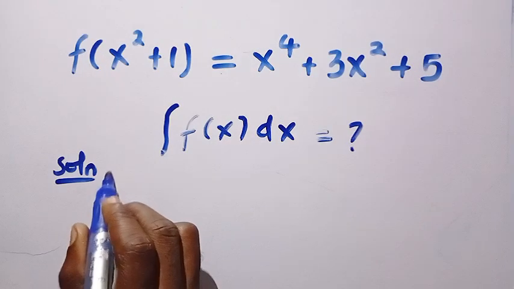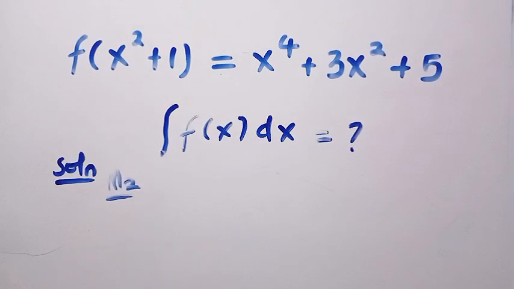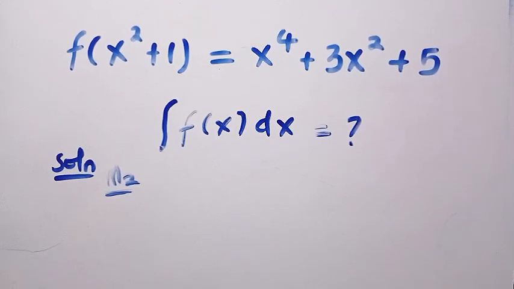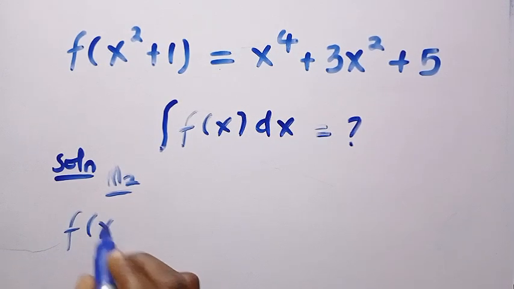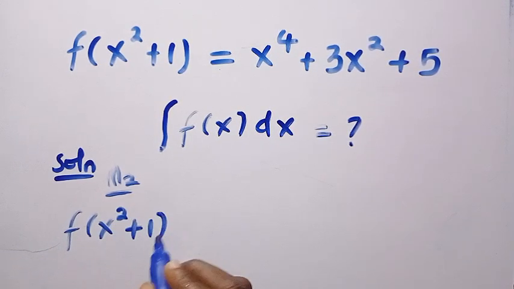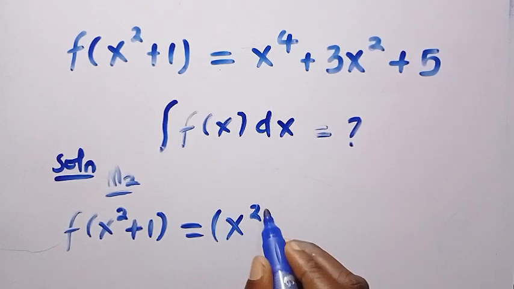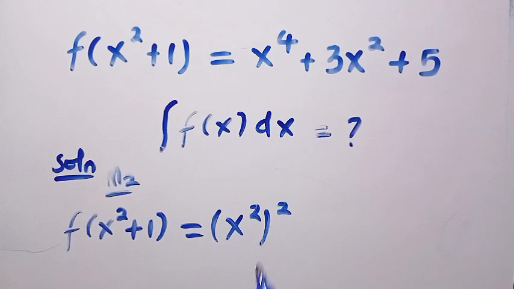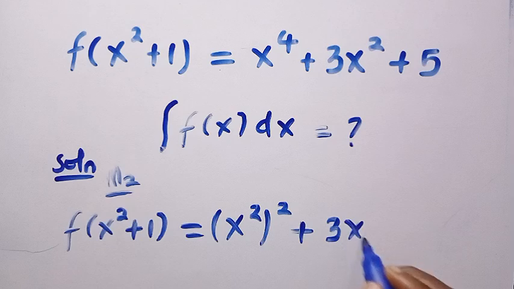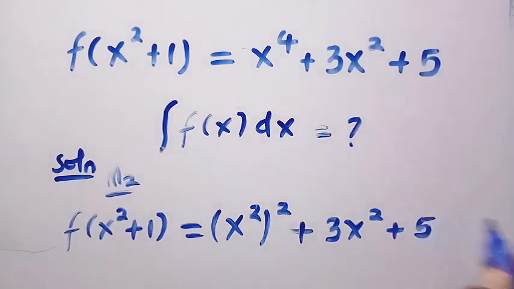So in this second method, before I start applying it, I want us to understand that this is f of x squared plus 1 equals x to the power of 4, which we can write as x squared, all raised to the power of 2. This is the basic rule of exponents, plus 3x squared plus 5.